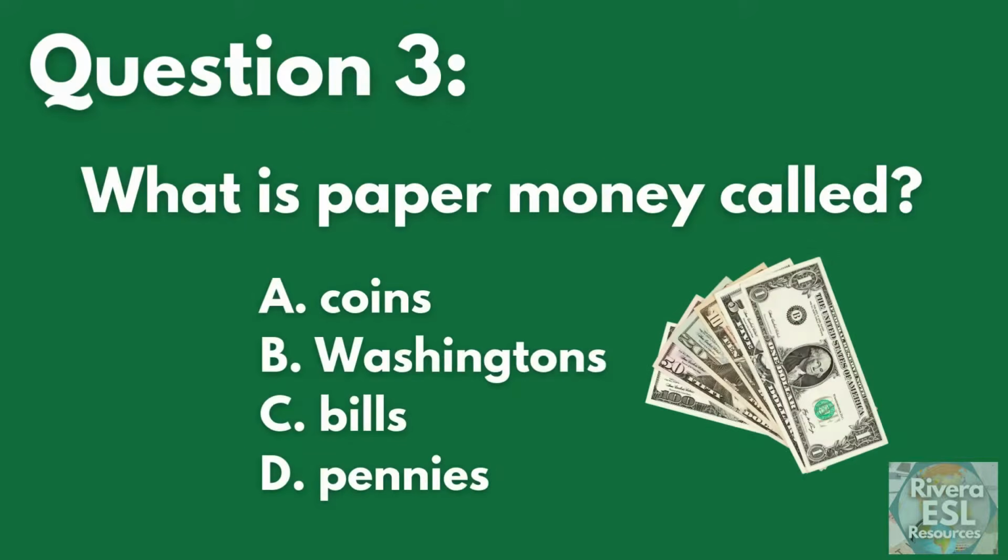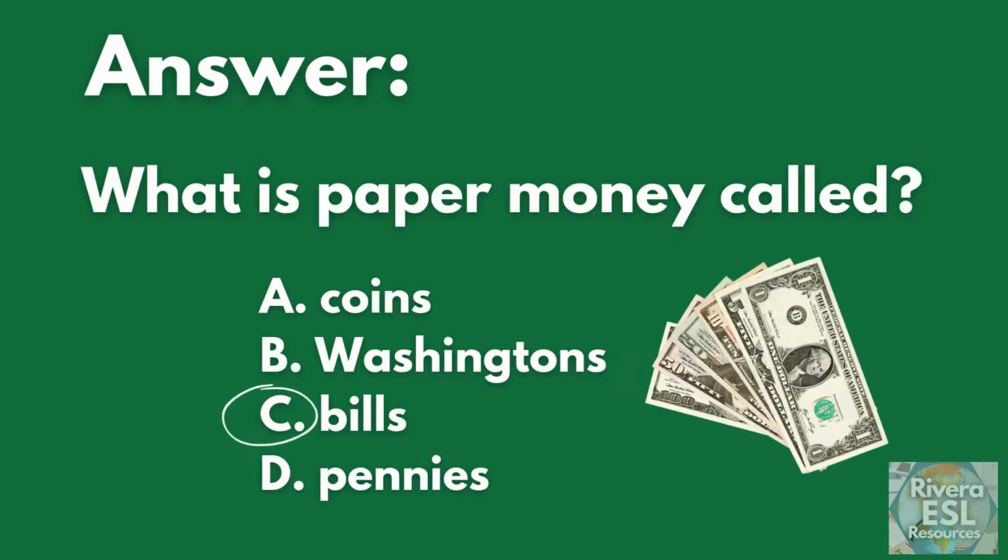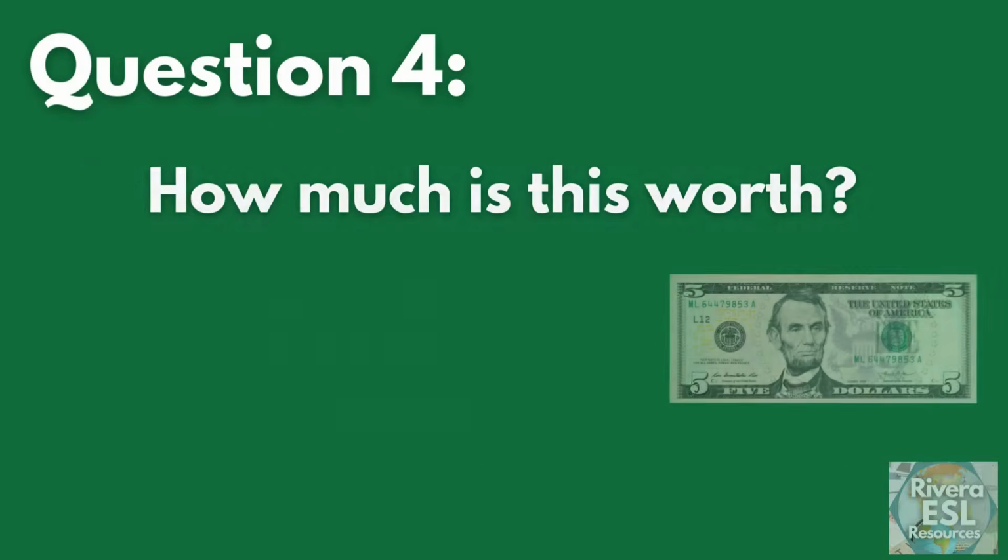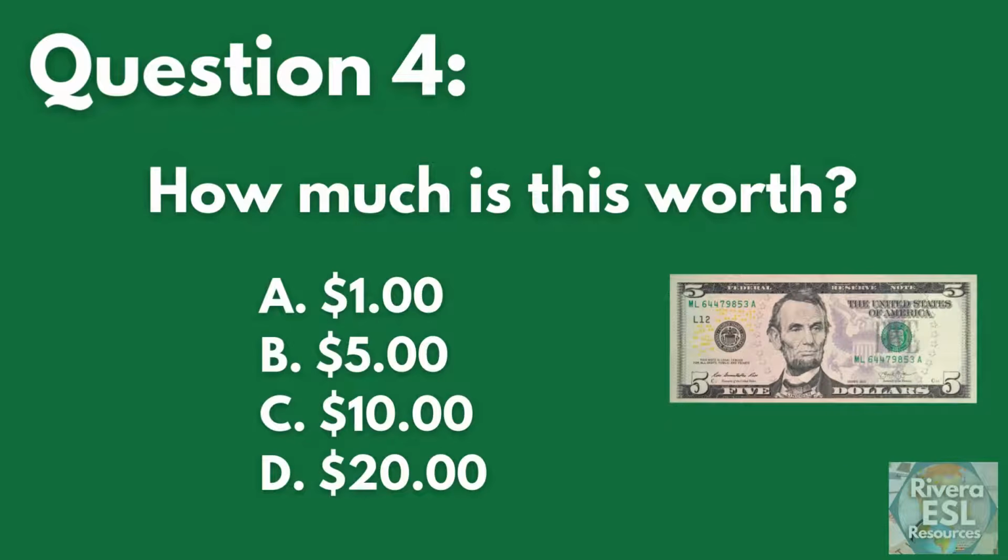Question 3. What is paper money called? A. Coins. B. Washingtons. C. Bills. Or D. Pennies. The answer is C. Bills. Question 4. How much is this worth? A. $1. B. $5. C. $10.